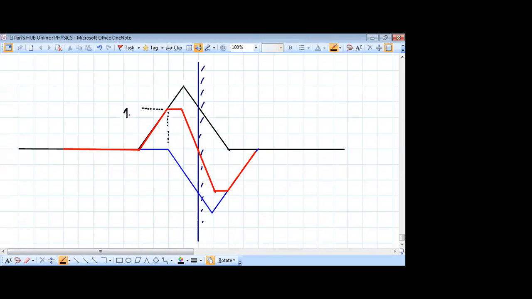So this height will be 2/3 of this. So it will be 2/3 of the peak. So 2.67 centimeters. That will be this. Okay.